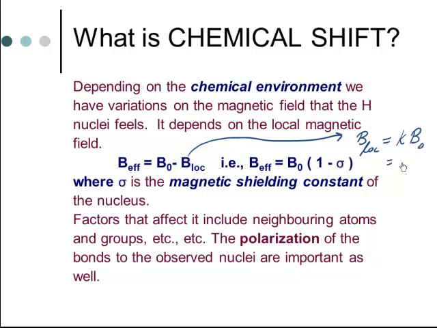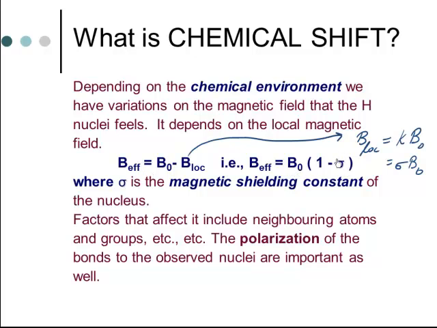This constant of proportionality is called the shielding constant, and the symbol for this shielding constant is sigma. So we can write the local magnetic field created by the electrons as sigma into B0, where sigma is the shielding constant. So if I substitute this in the formula, we'll get B0 into (1 minus sigma).